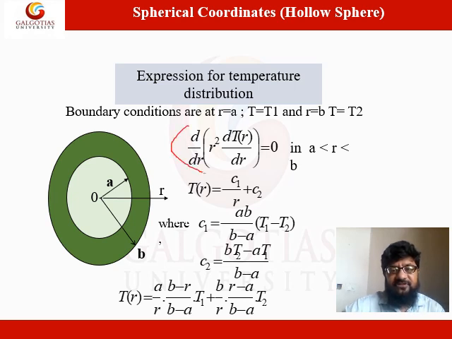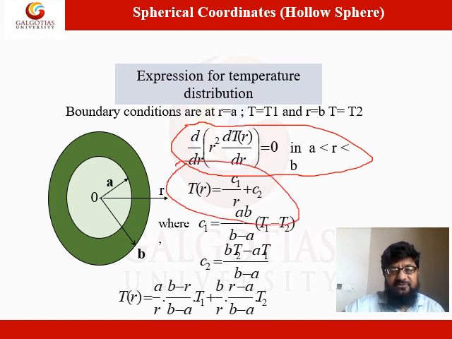So with no heat generation and steady state, the governing equation will be this, and we will integrate this twice and we will get this temperature distribution with respect to r.